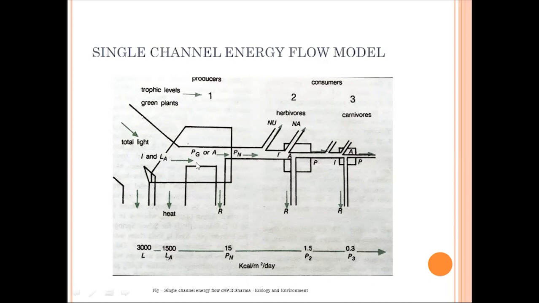Then Pg is the gross primary production. That means the amount of energy that is produced by the green plants, out of which part of it will be lost in the form of heat and in respiration.